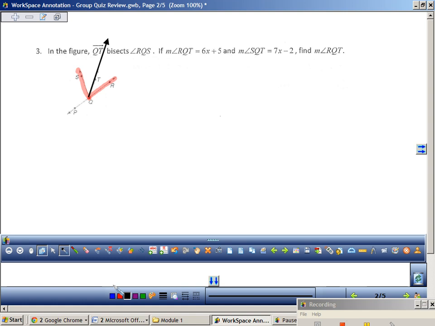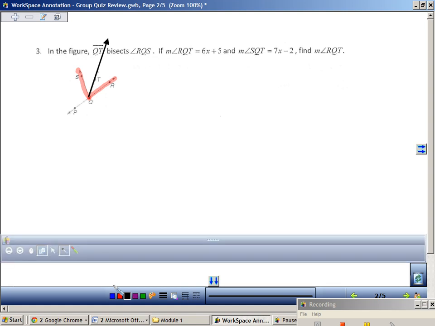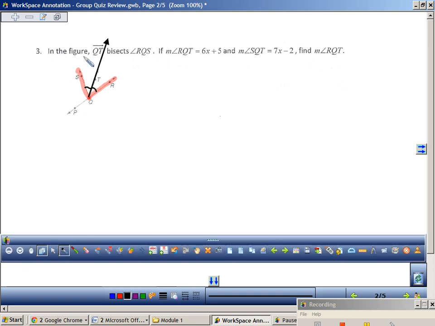What does it mean to bisect? Good, I heard the same thing, separate into equal parts. So this one equals this one? Awesome. So in the figure QT bisects RQS, I wrap my head around the picture, correct?